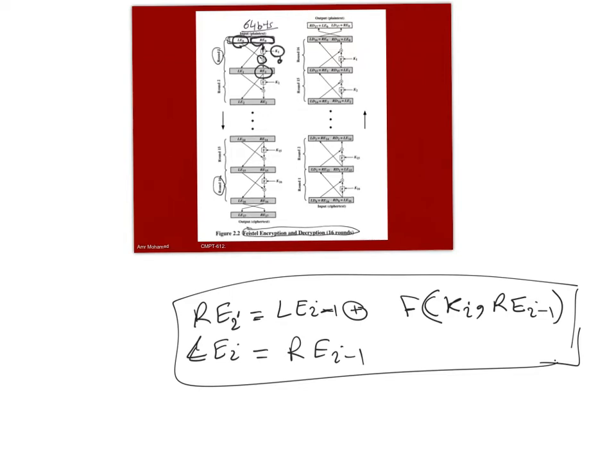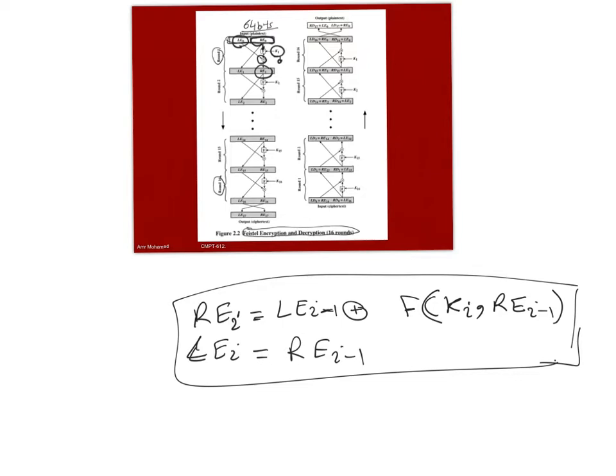And that's very good. We'll talk about why this is very good: it is good for analysis, and to be able to represent the encryption algorithm in simple equations like this.